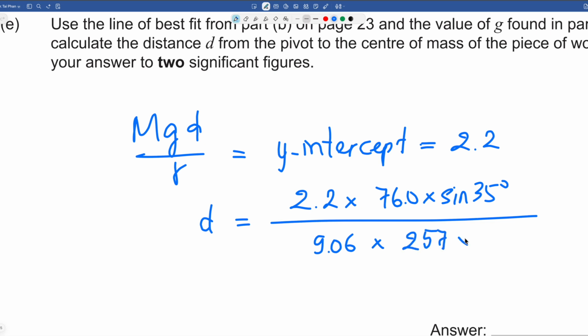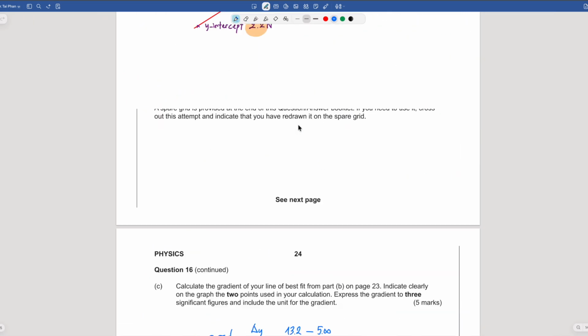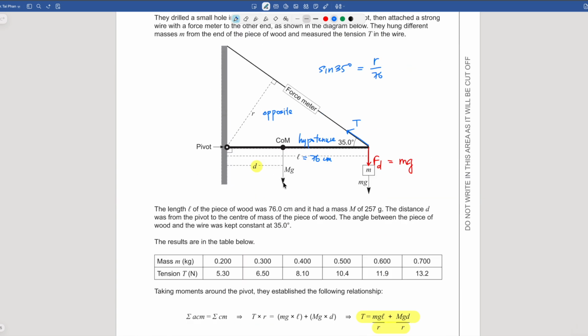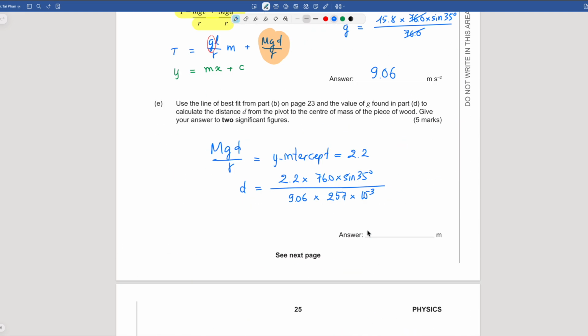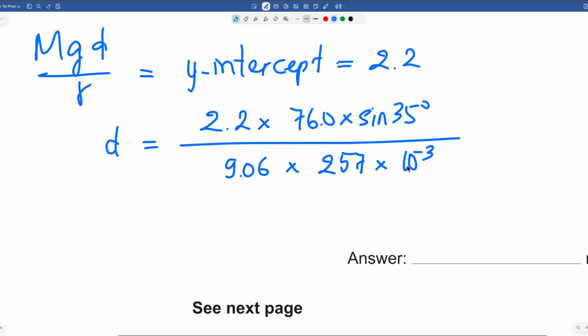257 grams, if I remember correctly. I'll check the question again. The mass of the wooden piece, 257 grams. I need to multiply with 10 to the power of -3 to convert that into kilograms.